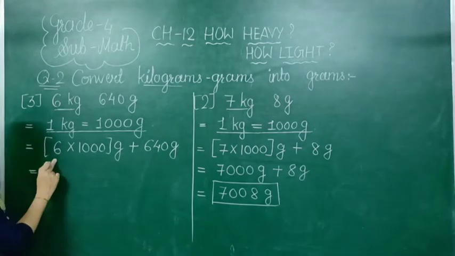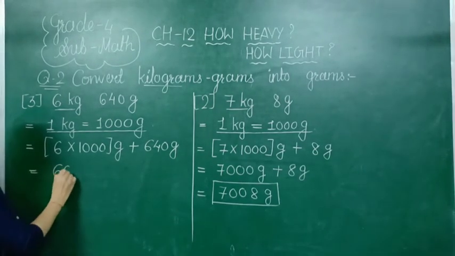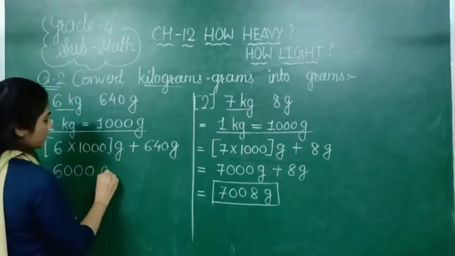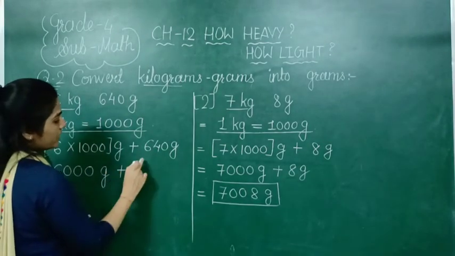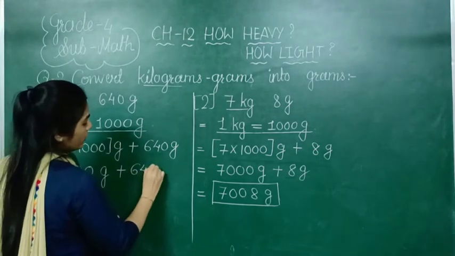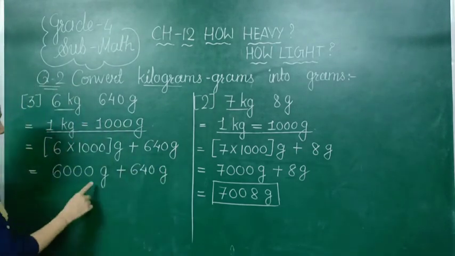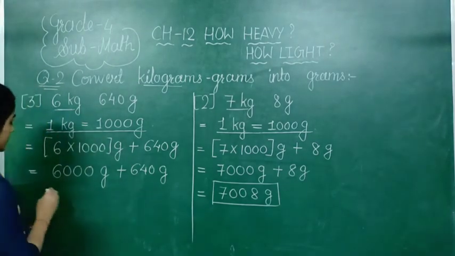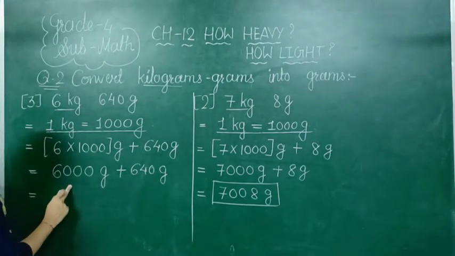Now 6 multiplied 1000, so directly you can do this multiplication, that is 6000. Put this gram unit plus 640 gram. Now gram and gram means both the numbers with the same unit, so directly you can do the addition.